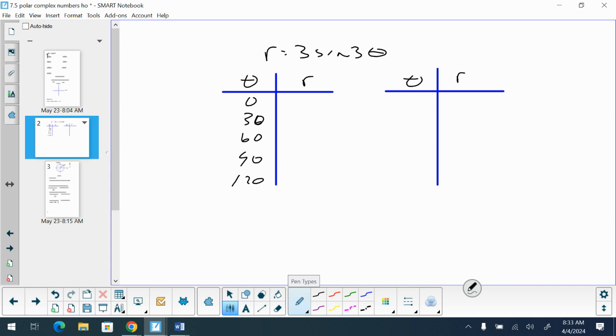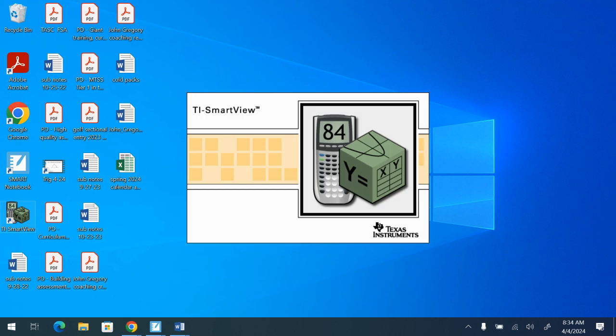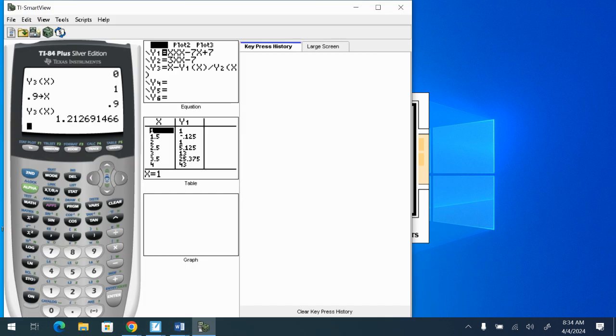once again, you can do one of two things. You can make a table on the chart if you want to, and continue to plug in your values of theta and solve for r.